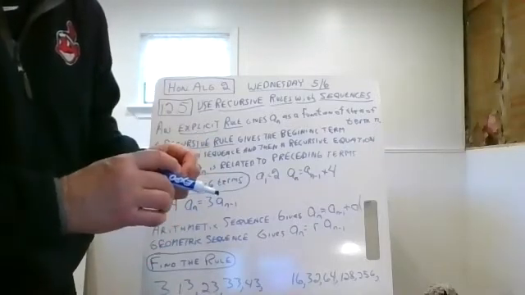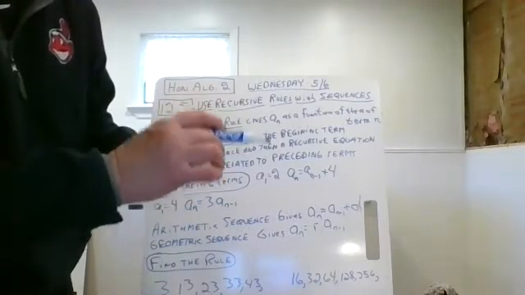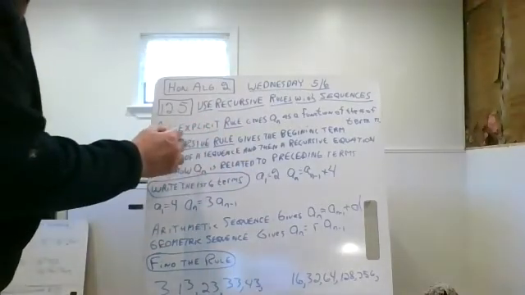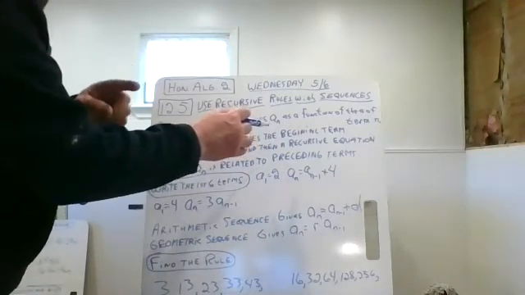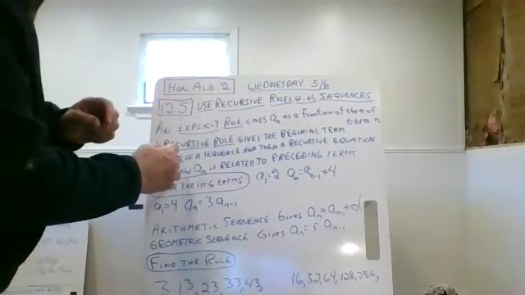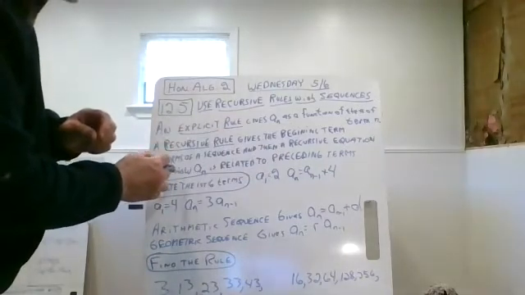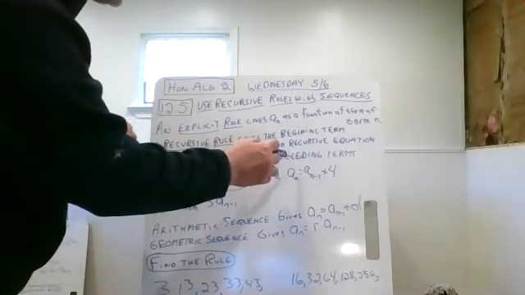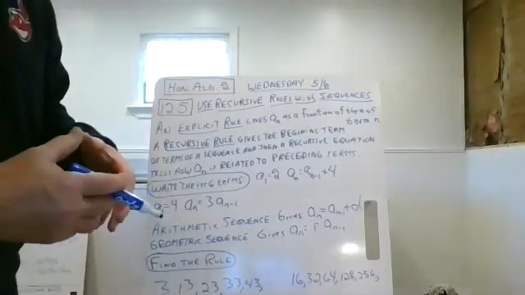So your formulas are going to look like a sub n equals something in terms of a sub n minus 1. In other words, a recursive rule first gives the beginning term. It has to tell us what a sub 1 is. And then it gives a recursive equation which tells how a sub n is related to the preceding term, a sub n minus 1.